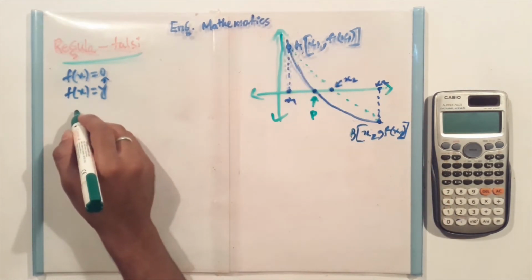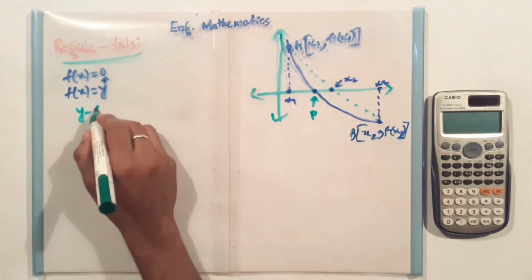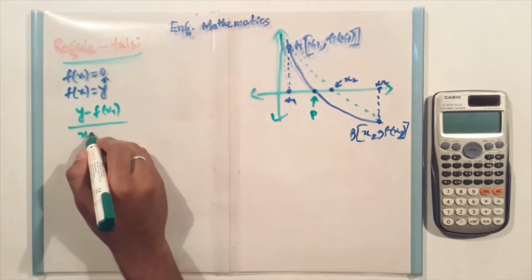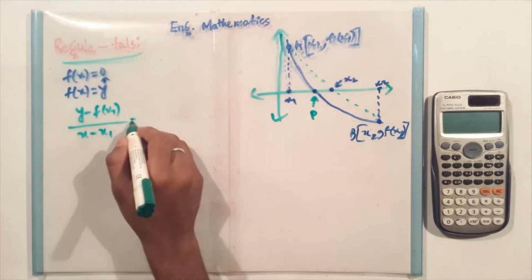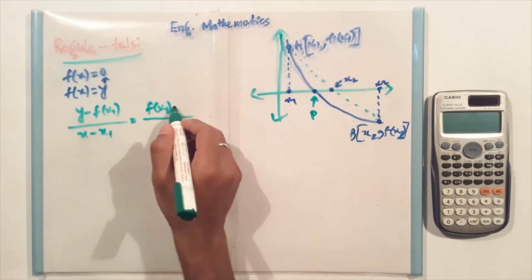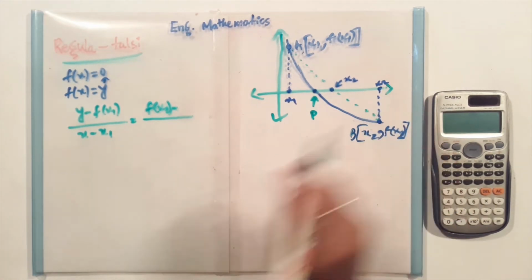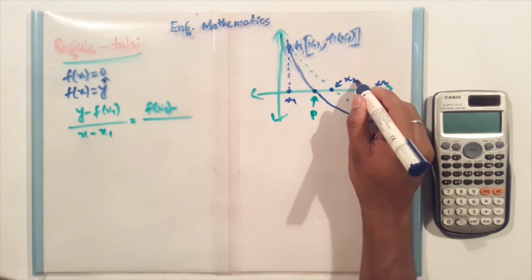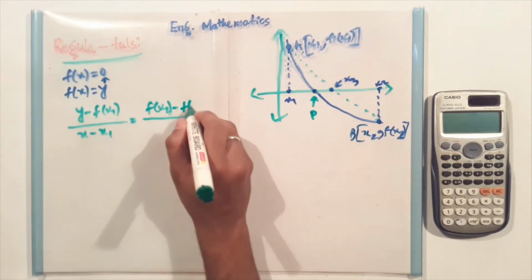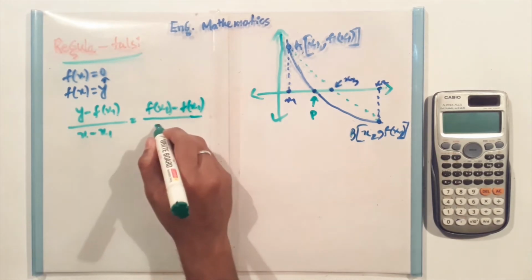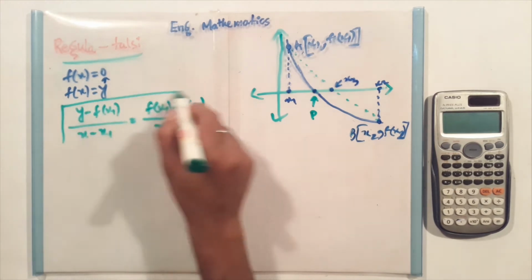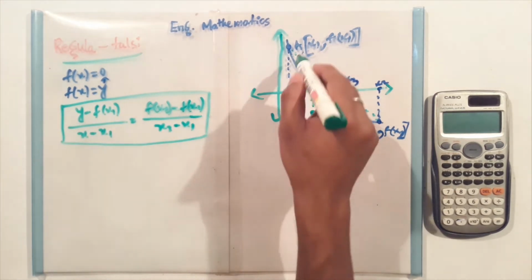The equation of the chord will be y minus f(x1) over x minus x1 equals f(x2) minus f(x1) over x2 minus x1. This is the equation of the chord joining these two points.